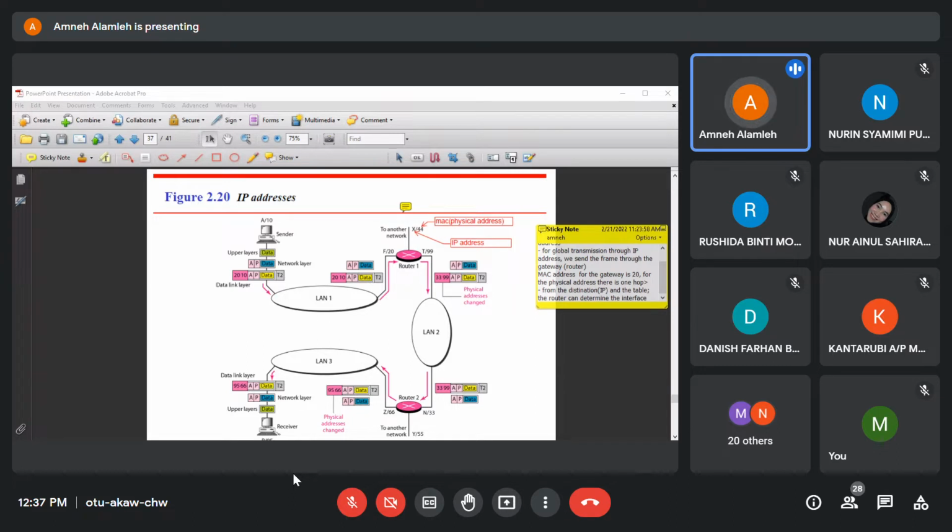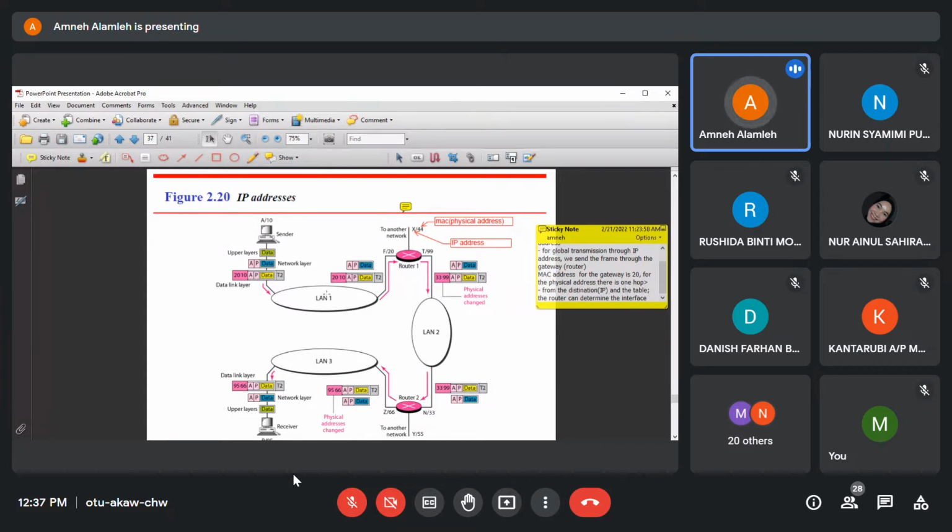So I will explain to you again example 220. This is about the IP address and how the data is transmitted from the sender to the receiver. So in the example, we see 3 LANs, which means 3 local networks.